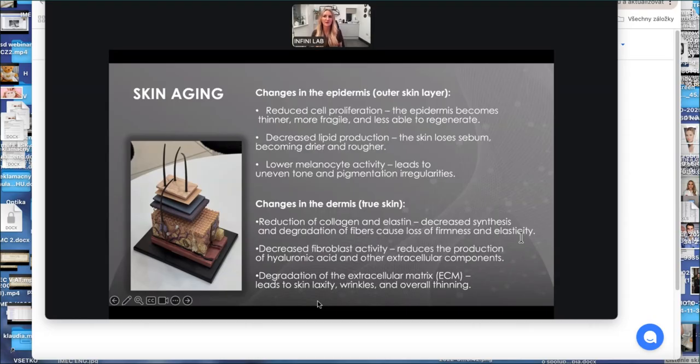We have very, very high stress levels. We don't really sleep well, and we all know this also has a massive impact on our collagen fibers. So we're losing around 1% of the collagen every year. And please remember that, and this is extremely important, during the menopause, women lose an additional 25 to 30%.